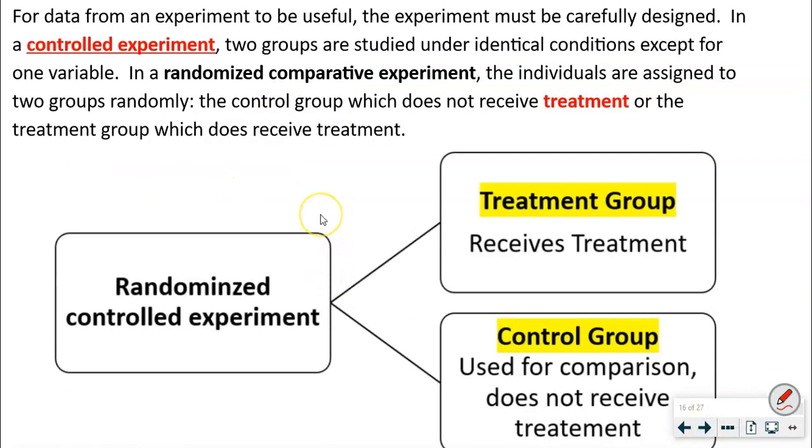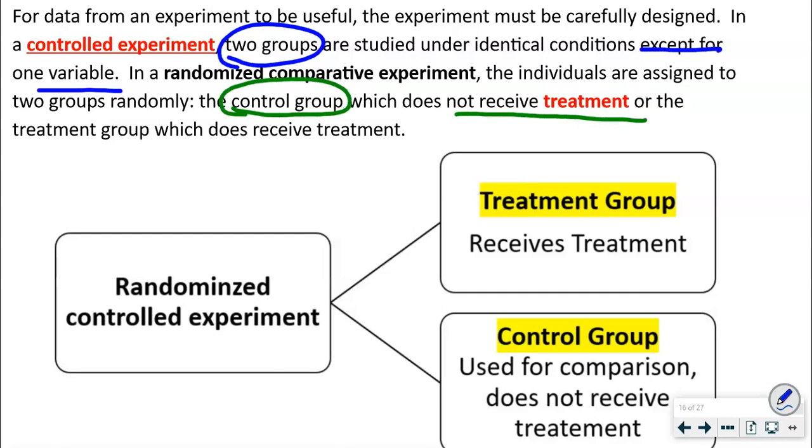All right, for data from an experiment to be useful, the experiment must be carefully designed, okay? So in a controlled experiment, 2 groups are studied under identical conditions except for one variable. In a randomized comparative experiment, the individuals are assigned to 2 groups randomly: the control group, key here, which does not receive the treatment, and then the treatment group, which does receive the treatment.